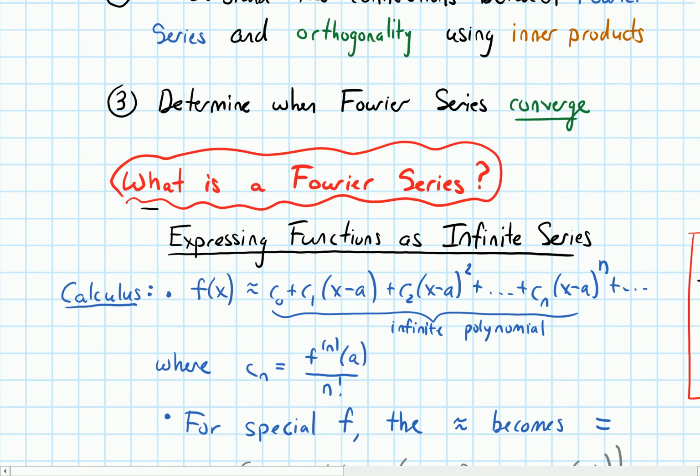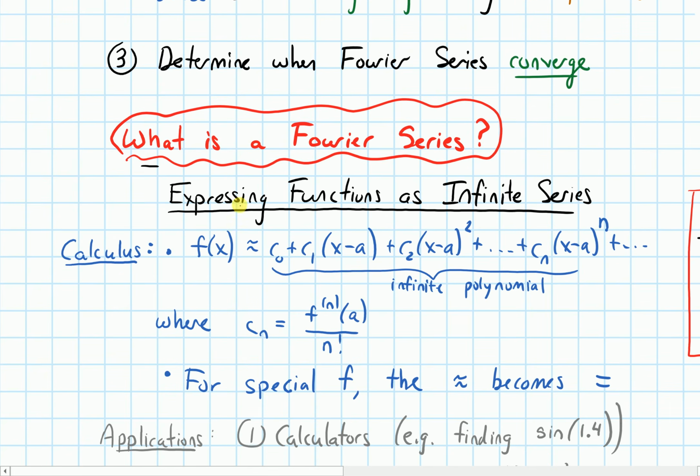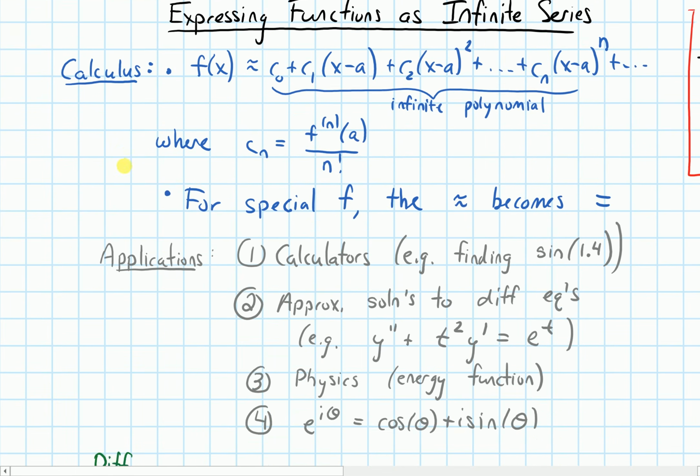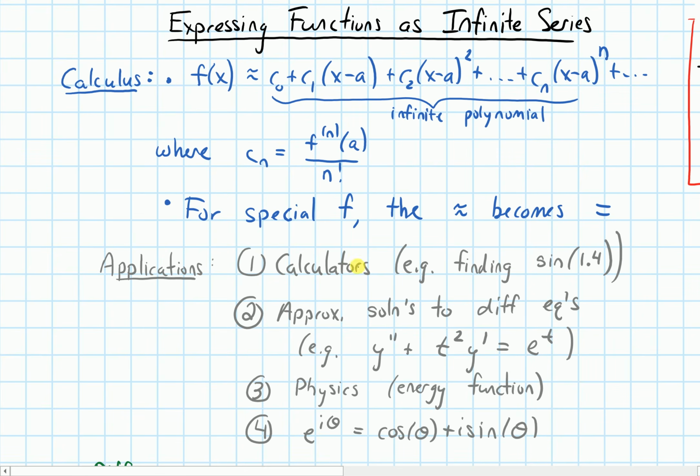So there are several applications of these infinite polynomial expressions for a function. So I want to list a few of them for you. The first is calculators actually use these Taylor series, these infinite polynomials. They use them to figure out what something like sine of 1.4 is.